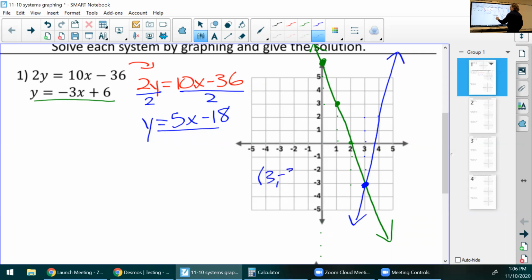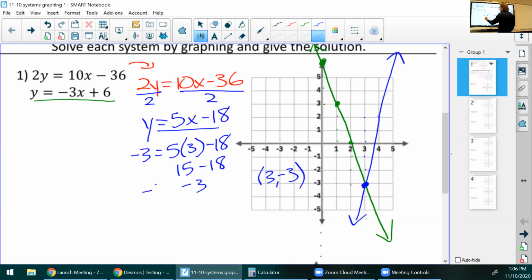3, -3. Remember, just like yesterday, we can check this. If we take that and substitute it into our equation, so does -3 equal 5 times 3 minus 18? Well, that's 15 minus 18, which is -3. -3 definitely equals -3.